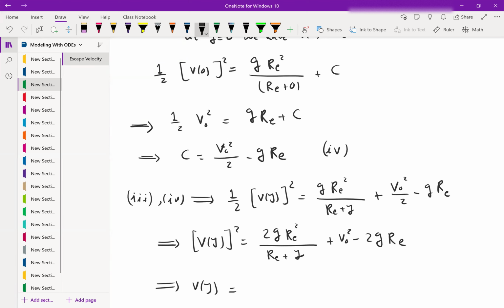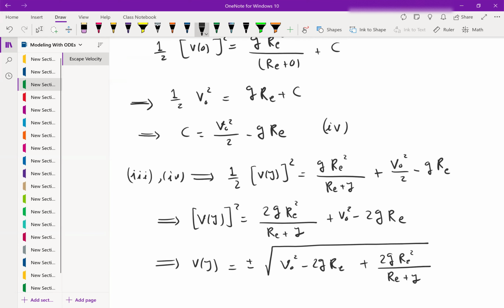Of course, it can be plus or minus, depending on whether the mass is rising or falling back to the earth. If it's rising, we have the plus sign. If it's falling back to the earth, we have the negative sign of the square root of v0 squared minus 2g re plus 2g re squared divided by re plus y.